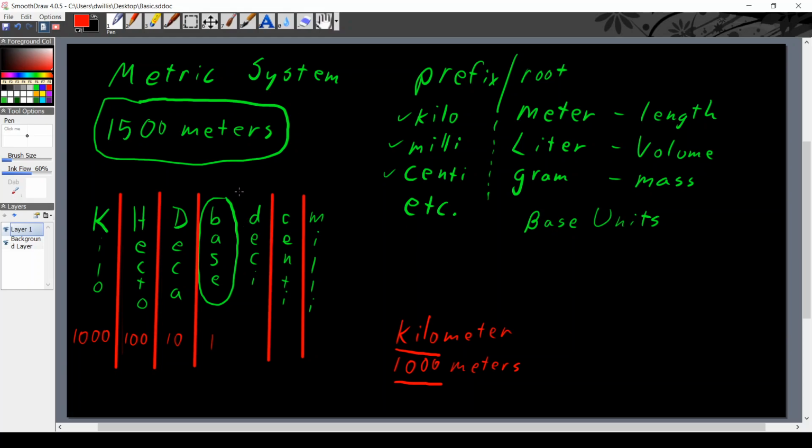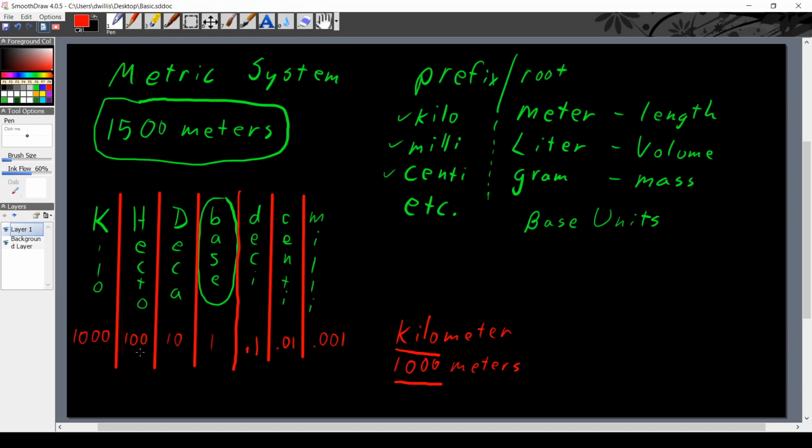So it is what it is. Didn't get a straight line there. That's okay. Deci then is 0.1 or 1/10. Centi is 0.01, and milli is 1/1000th, which is 0.001.